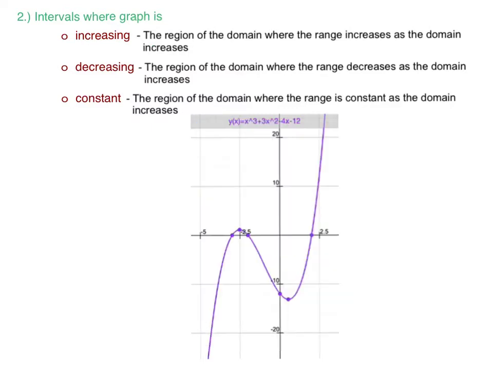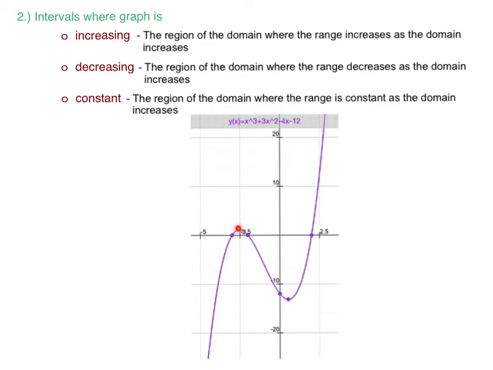In this example, I see that I have a function that increases, then it decreases, then it increases. Now, I'm going to concentrate only on the domain. And notice as my domain increases, my range increases. So this function is said to increase in this area from here to here.